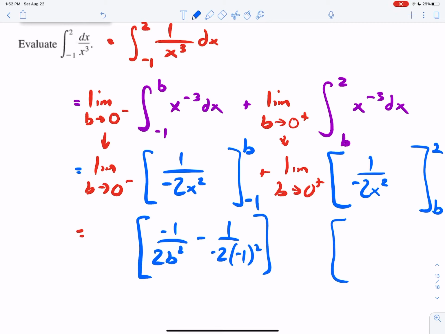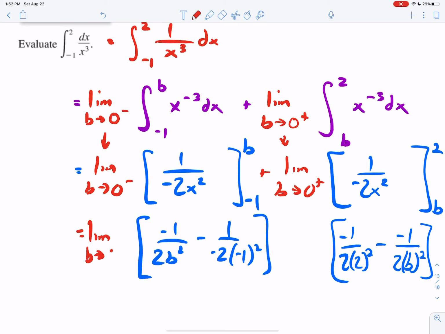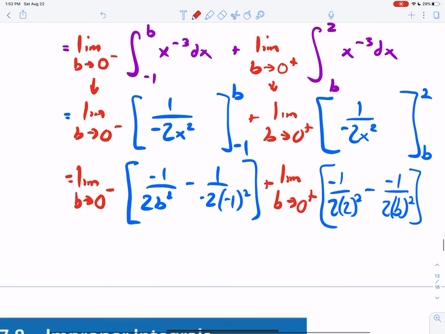And the same thing here, negative 1 over 2 squared minus negative 1 over 2b squared. It's a lot of writing, but bear with me, okay?